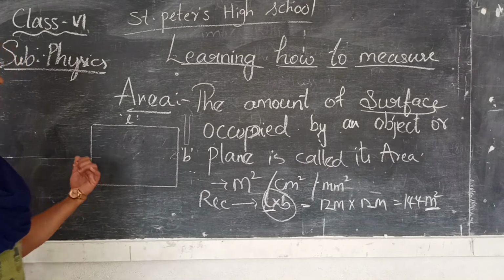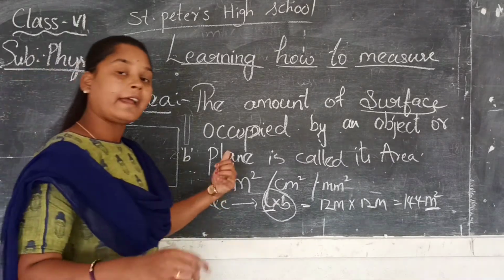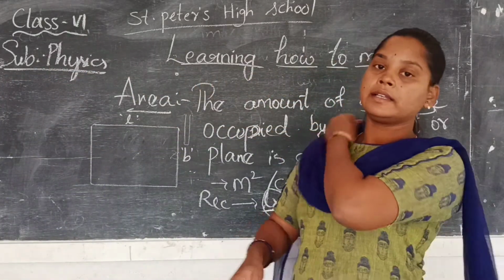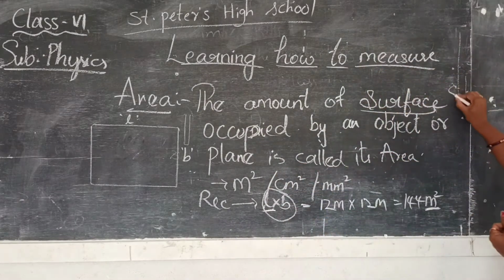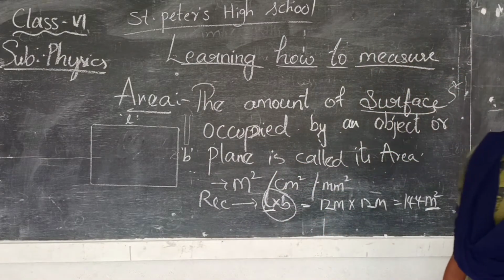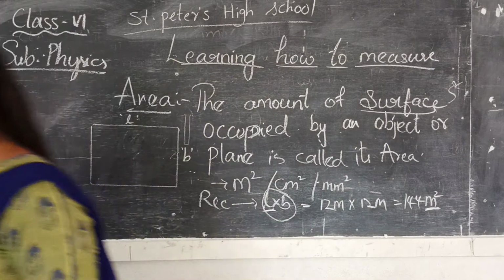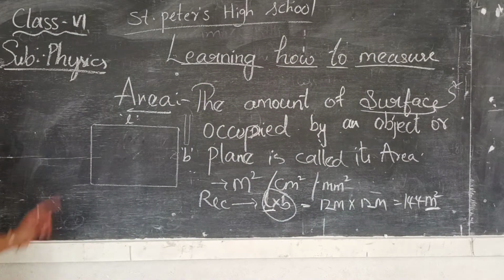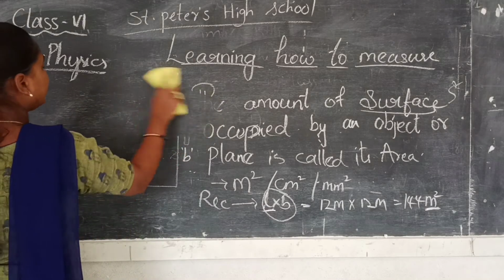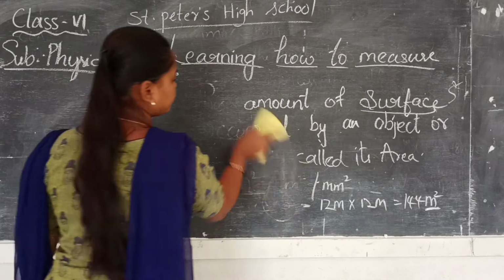So the area of a rectangle is length into breadth, and what about the square? The area of the square is S square, where S is the side of the object we are taking.